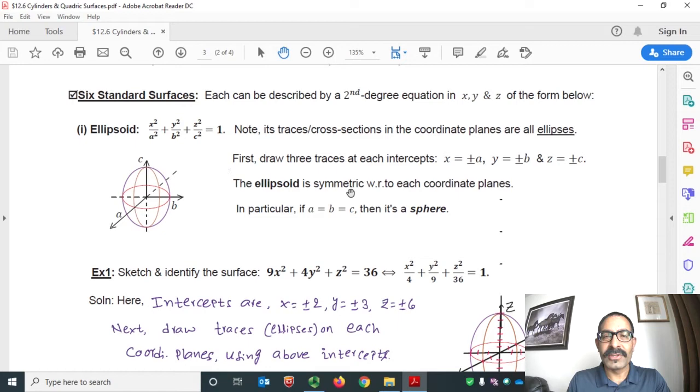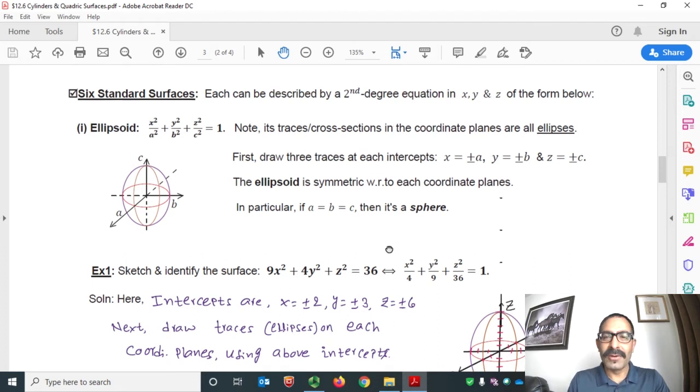First, draw 3 traces at each intercept, at x equals plus or minus a, y equals plus or minus b, z equals plus or minus c. The ellipsoid is symmetric with respect to each coordinate plane. And in particular, if a equals b equals c, then this is the equation of a sphere.